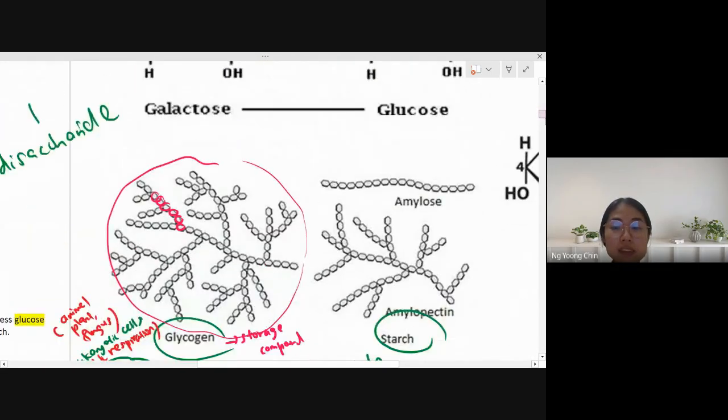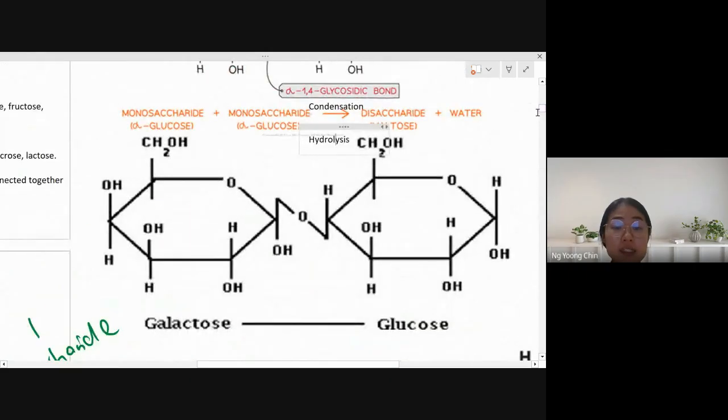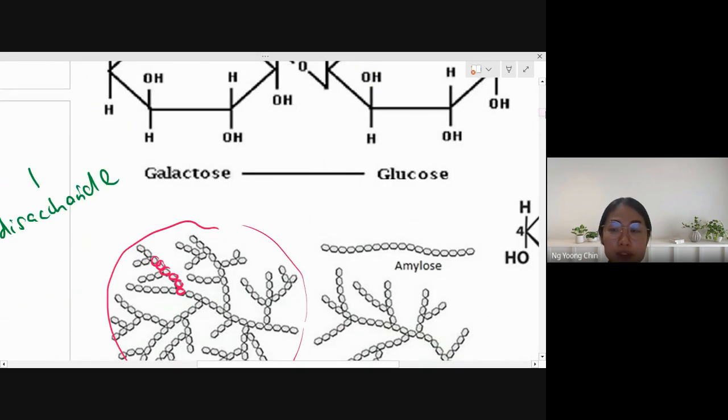So this is an example for you to have a look at: galactose and glucose. At your stage, you don't need to know too much detail about the structure. You just need to know what kind of molecules are found in the monosaccharides, disaccharides, and polysaccharides. The structure you will learn when you go to higher level study like A level.